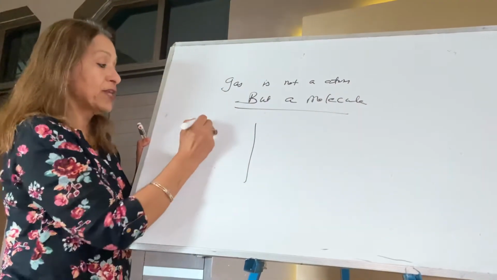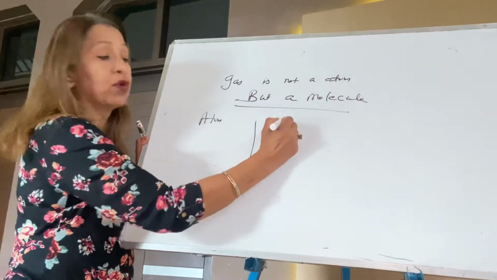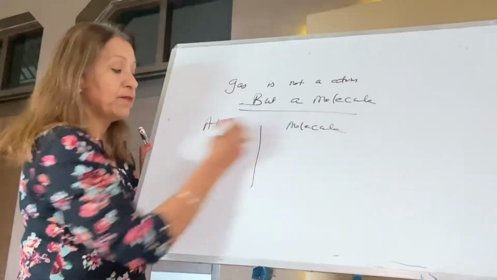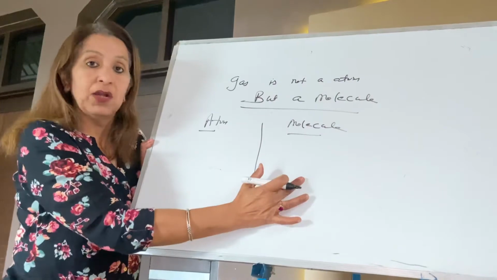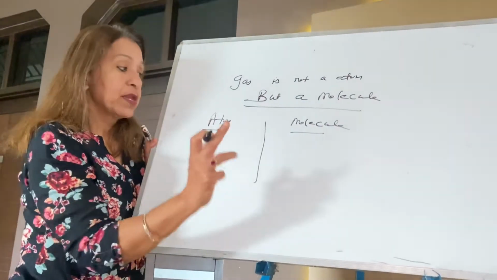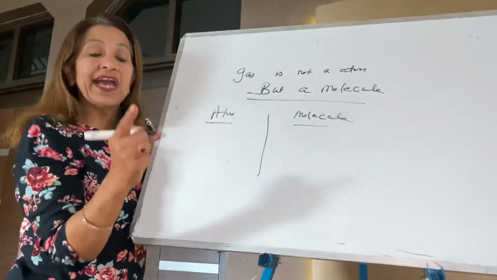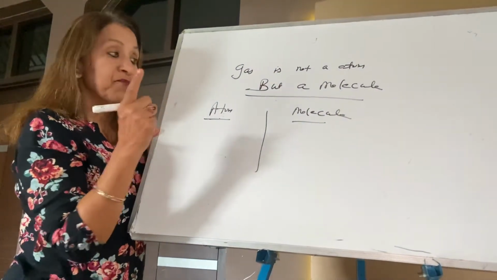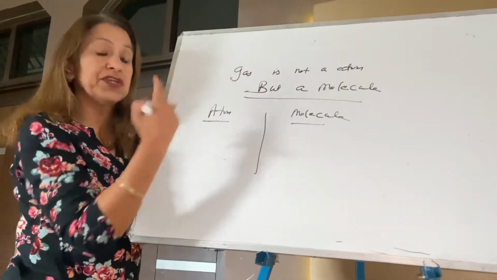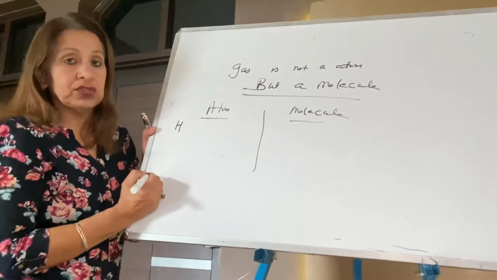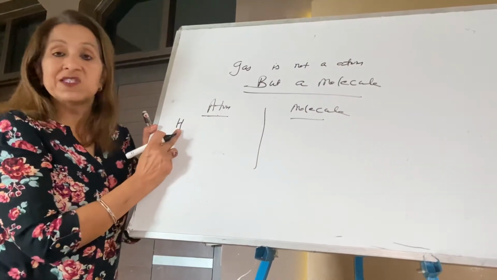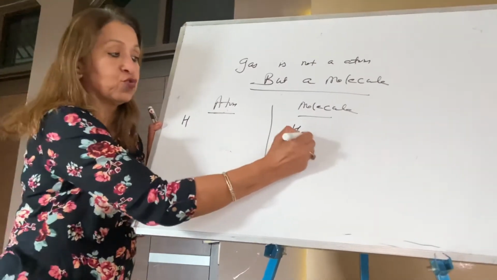Now, he also tells us the difference between atom and molecule. He said both are the smallest particles of matter. But an atom may or may not exist independently. You can write H, but it never exists as such. It always exists as H2.